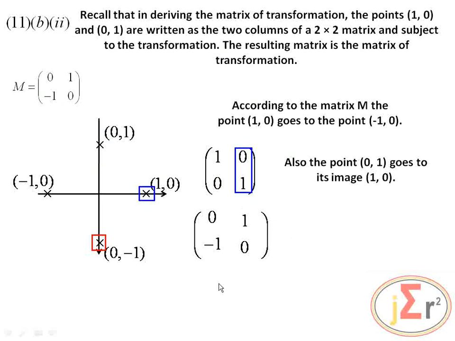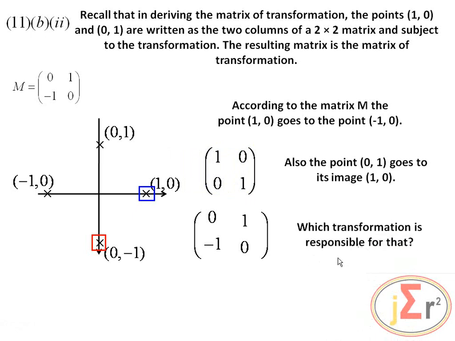And where did we get these numbers from? Right here. So the matrix that we are talking about is 0, -1, 1, 0. This point is transformed to (0, -1), and (0, 1) is transformed to (1, 0).